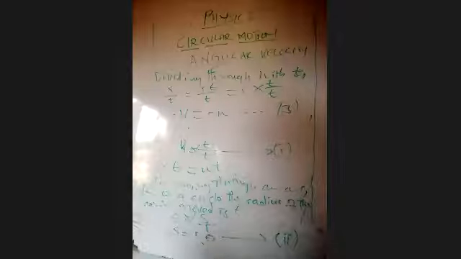Therefore, theta is equal to S all over R. When we cross multiply, S will be equal to R theta, and that was how we arrived at equation 2.